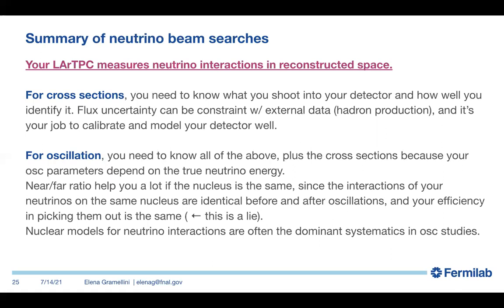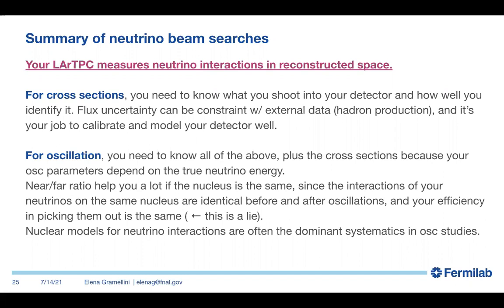So if you don't know very well how many neutrinos were supposed to interact in your detector, it's hard to say, oh well, they disappeared or they appeared because of oscillations. And then the other thing is that your nuclear model is what brings you from your neutrino products that you measure to your true neutrino energy. And your oscillation parameters depend on your true neutrino energy.